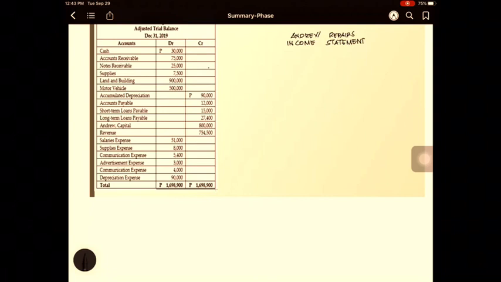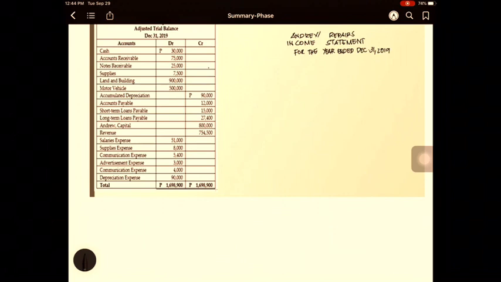Since these are nominal accounts, they are only existing for a particular period of time, and that would be only for the year ended December 31, 2019. Just fix this one, it should be centered.